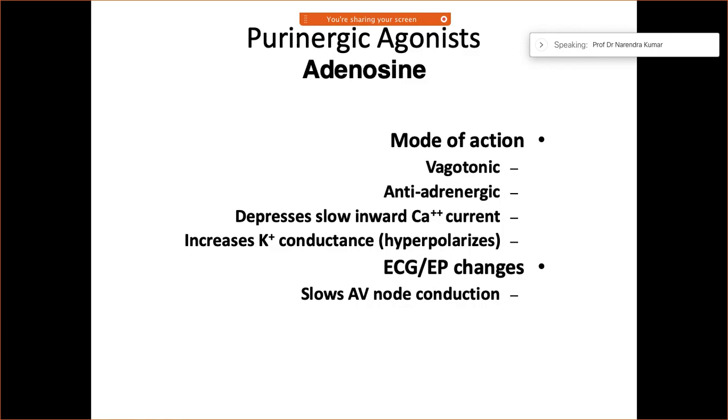It's also a potent vagogenic and anti-adrenergic medication, and that's why, when evaluated using the EP study, it increases the length of time between the atrial ECG and the His ECG. So it increases the time of conduction through the AV node.